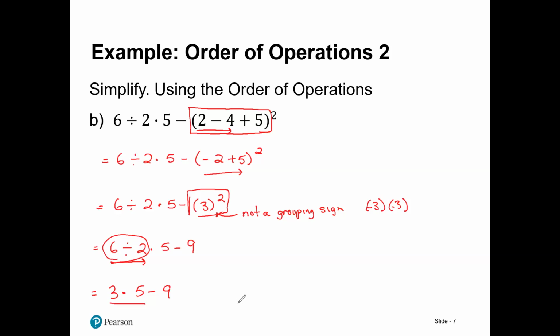Now I can do the multiplication because like I said, multiplication, division, you do which one comes first going left to right. So division first, now I can do the multiplication. We're going to go up here and complete. So 3 times 5, it's going to be 15 minus 9, which is going to leave us with a 6.